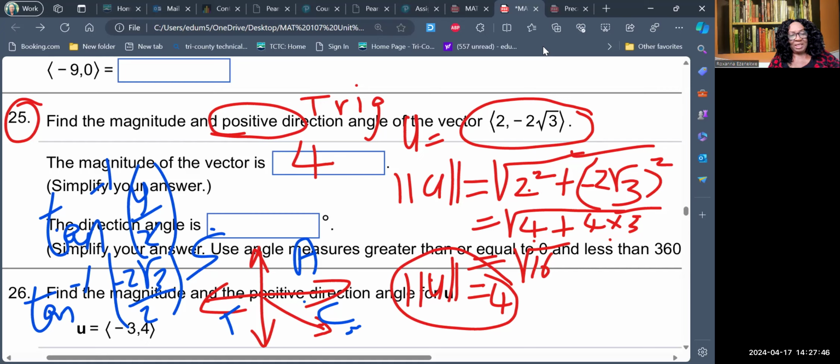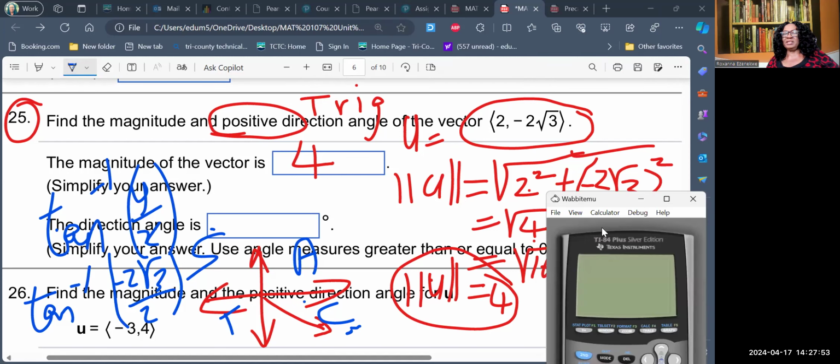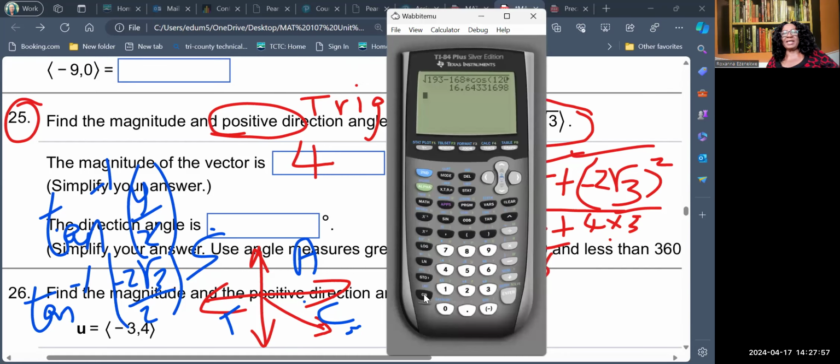And actually, I'm going to be finding the reference angle in the 4th quadrant. I'm going to put that in my calculator and find tan inverse of square root of 3.